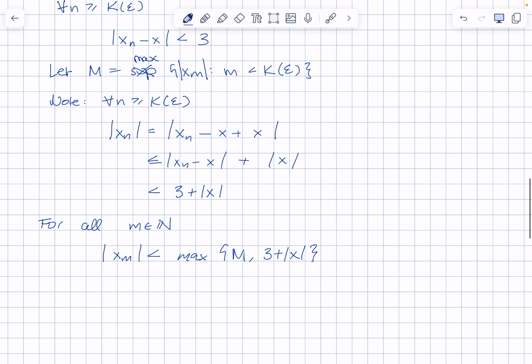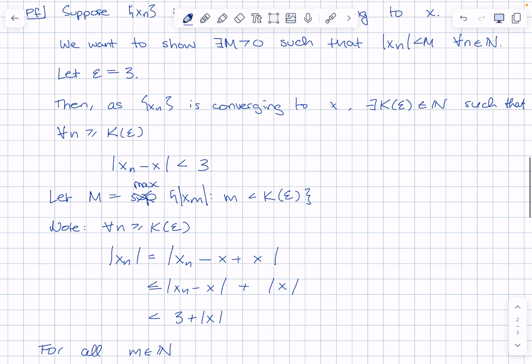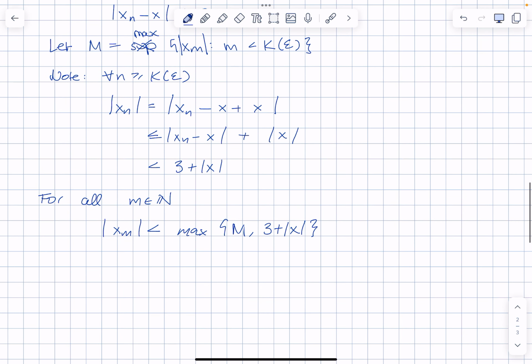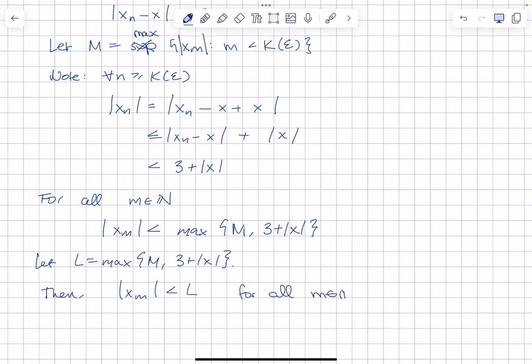So then if we let L equal the max of m and 3 plus the absolute value of x, then |xn| is less than L for all n in the naturals, as desired.